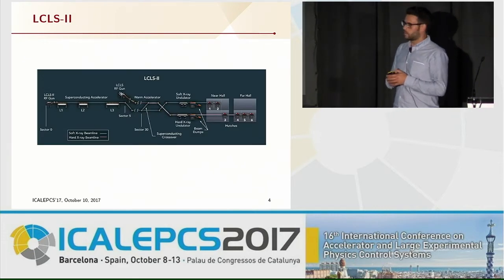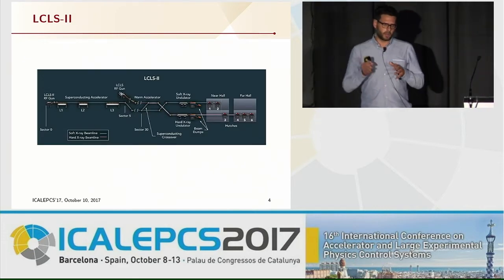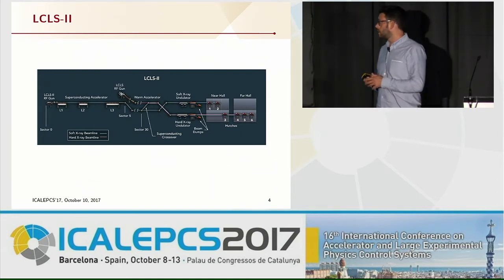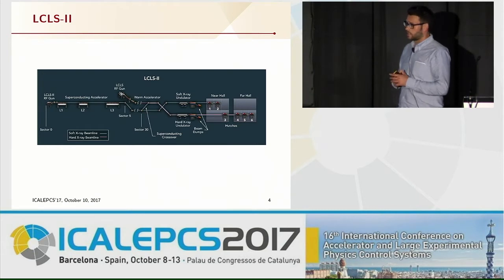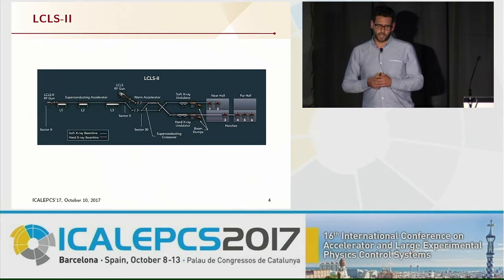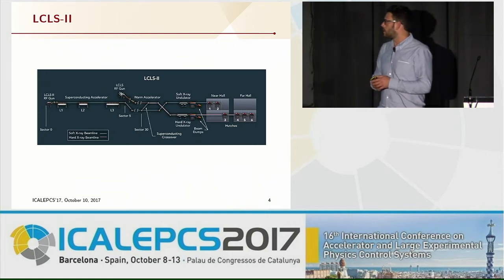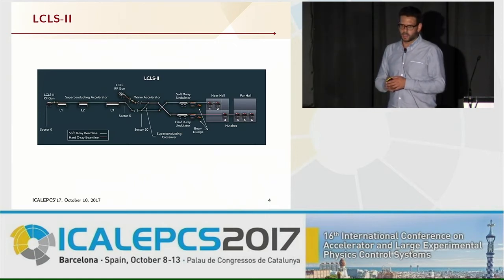So this was done in the design process of the low-level RF system for LCLS-II. LCLS-II is an upgrade of the existing LCLS X-ray FEL at SLAC with a 4 GeV superconducting LINAC operating in CW mode with 1.3 gigahertz cavities.